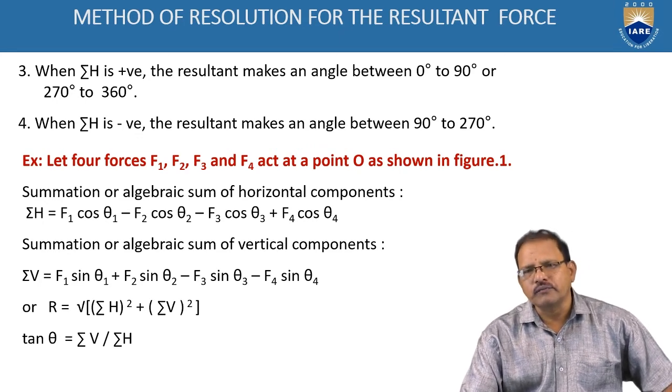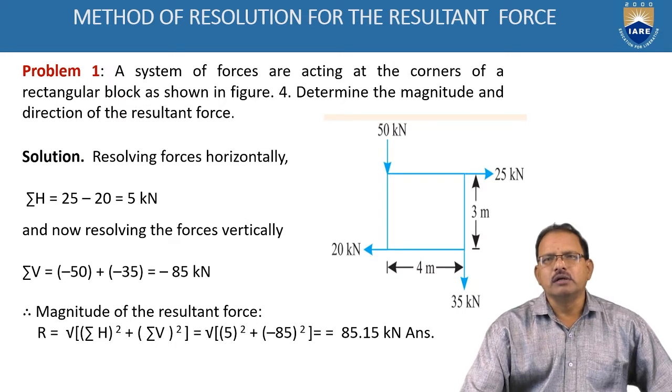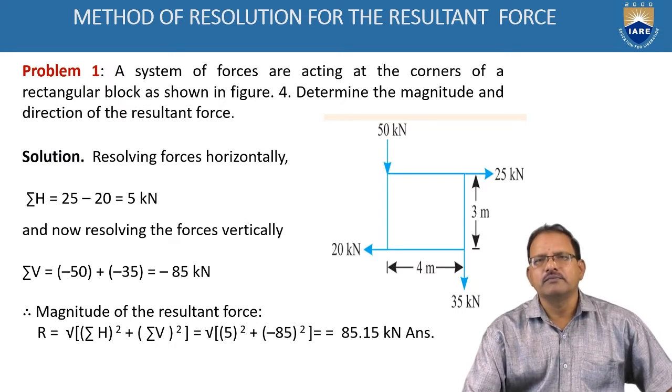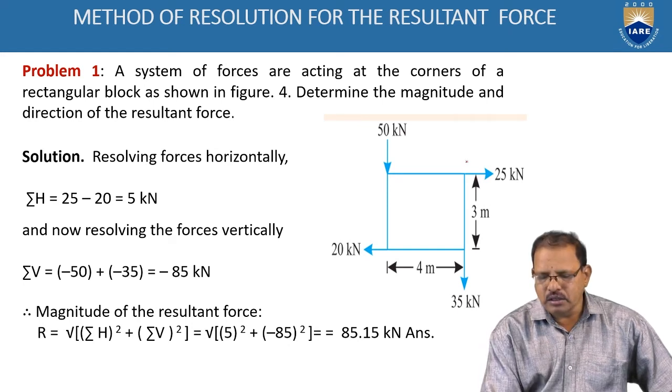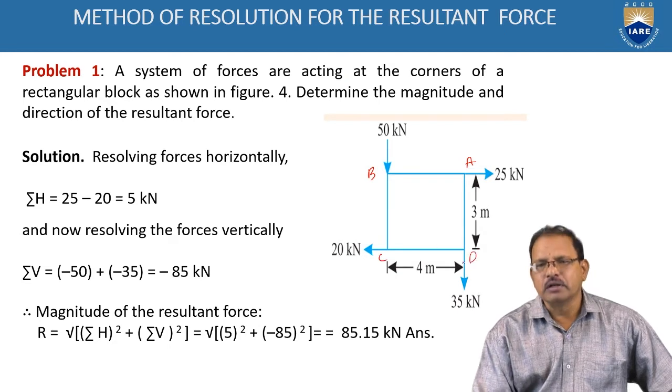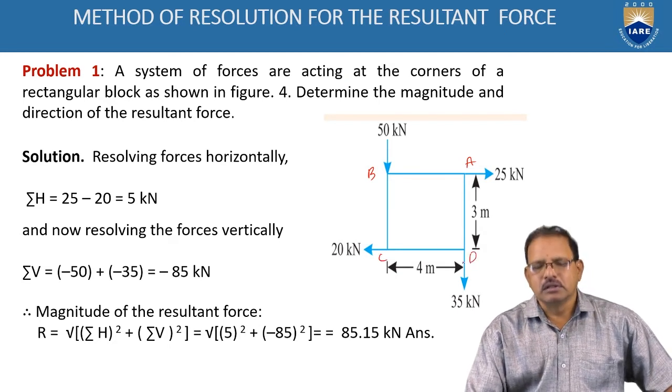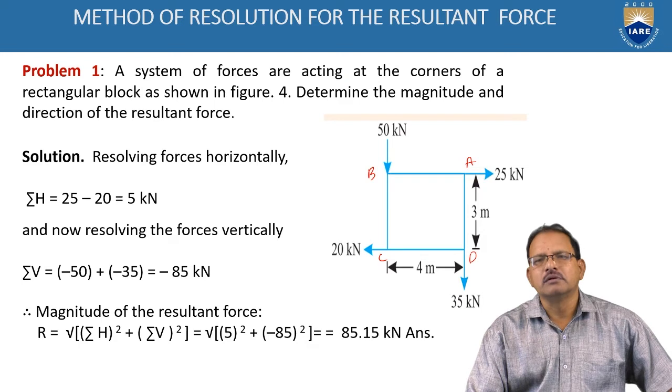Here the problem is showing a system of forces acting on the corners of the rectangular block as shown in the figure. Determine the magnitude and direction of the resultant force. In this figure, A, B, C and D represent the vertices of a square.